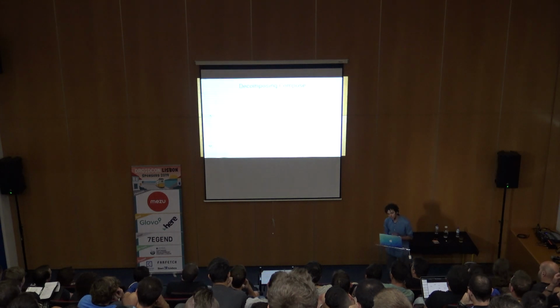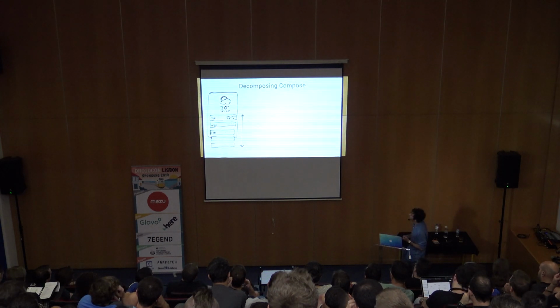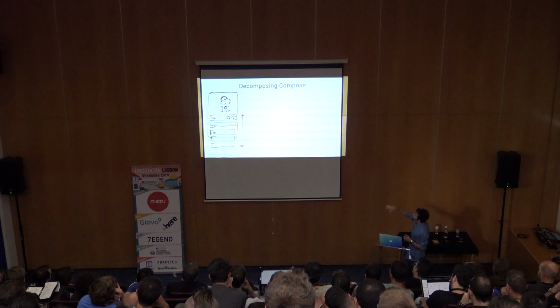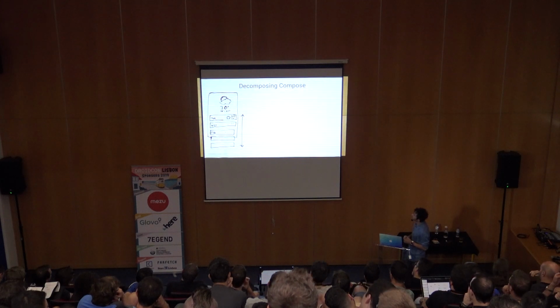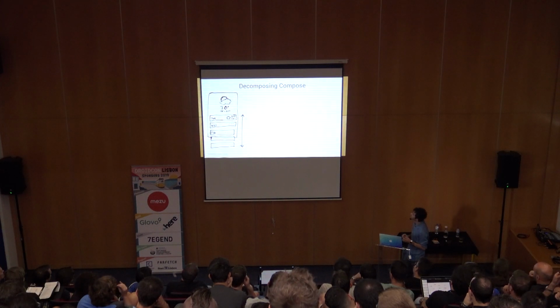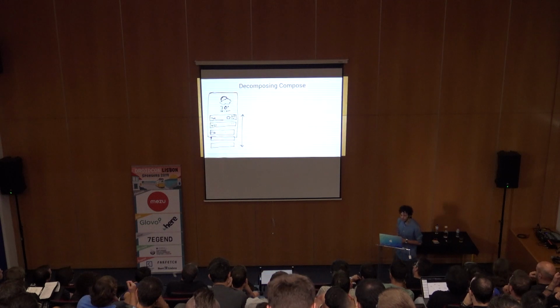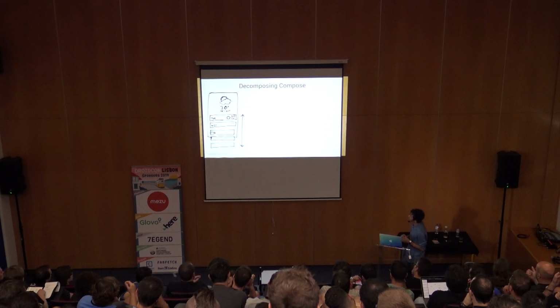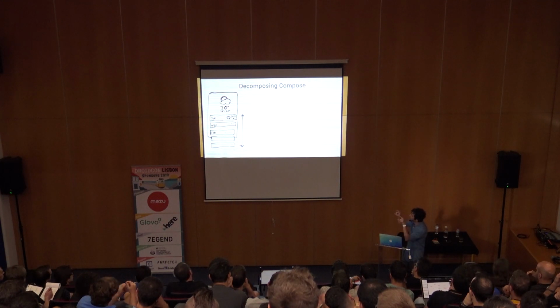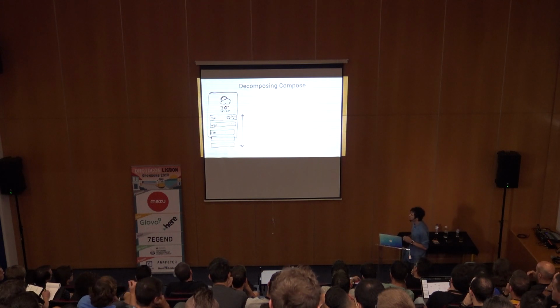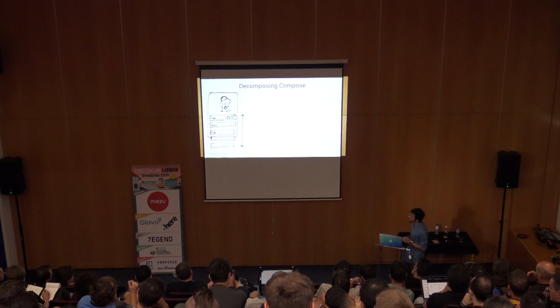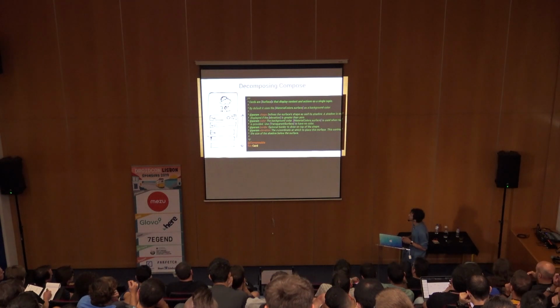So, okay, I have my header. And now I want to build the forecast for the coming days. And for that, I thought about using something from material design, which is the card. And I searched it up on the IDE, and sure enough, there's something called the card already in Jetpack Compose.